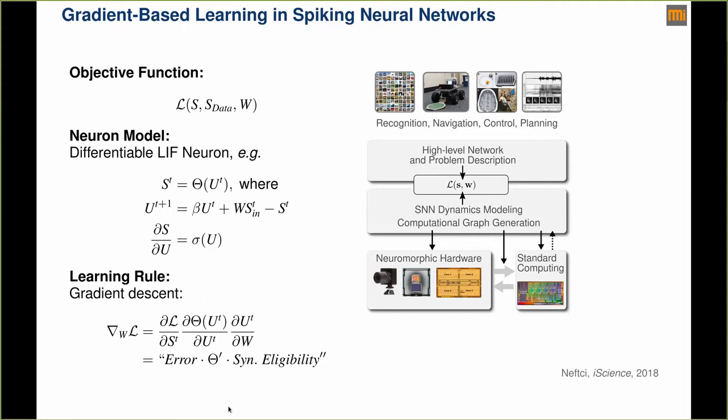Now, as I'll explain a little more later, this gradient descent rule is really interesting in that it breaks down into multiple factors, which fit nicely with the biology. Plasticity is often viewed as the effect of the presynaptic and postsynaptic neurons, so a Hebbian term, as well as some modulation.